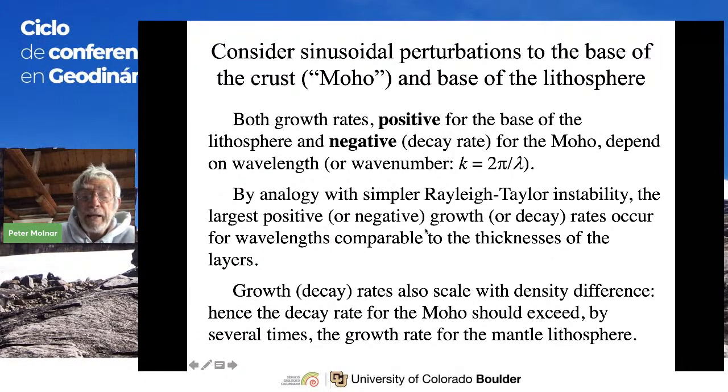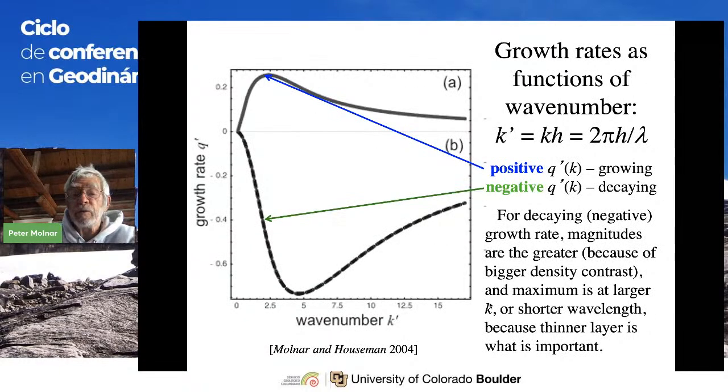The same will apply here. And the growth or decay rates will scale with density difference. And therefore, the decay rate for the Moho should exceed by several times the growth rate for the mantle lithosphere, because the density contrast at the Moho is much greater than the density contrast at the lithosphere-asthenosphere boundary.